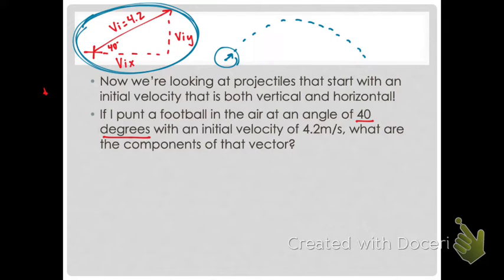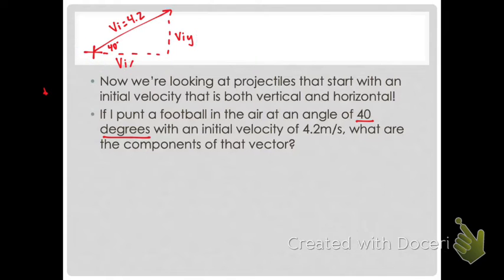It's also really important for us to understand that this side right here has nothing to do with the height, or this side has nothing to do with the distance it travels. It is simply the components of that initial velocity vector, okay? I'm just going to make up a number that goes right here. That's not the number.